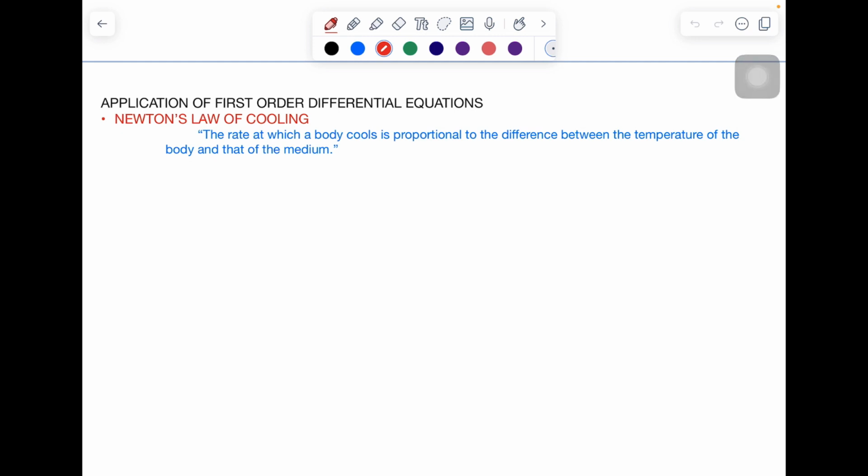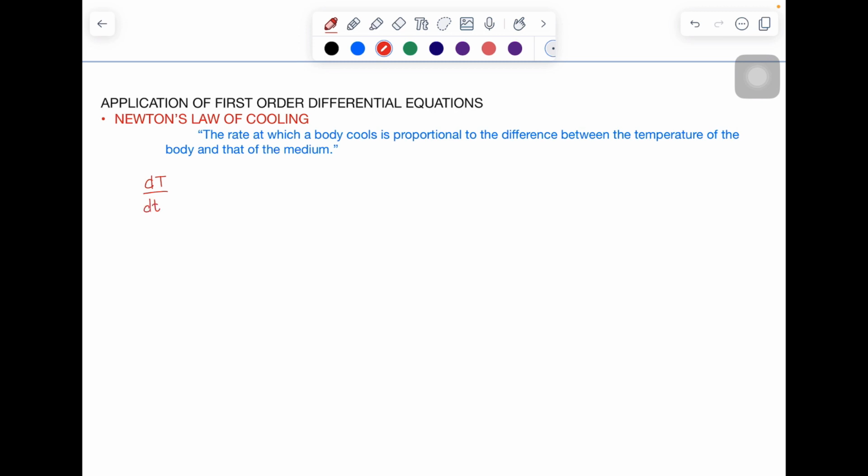So it says here that the rate at which the body cools. When we say rate, that is with respect to time, right? So that is basically the change in temperature over the change in time.